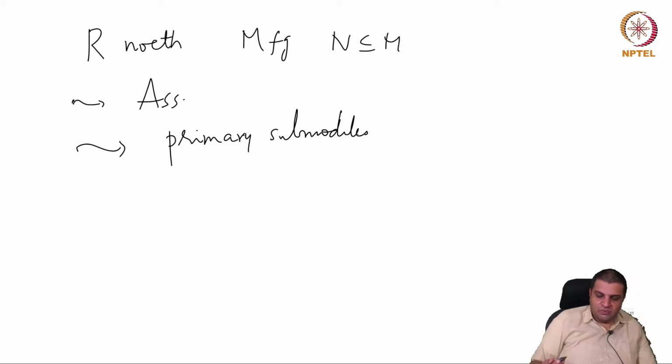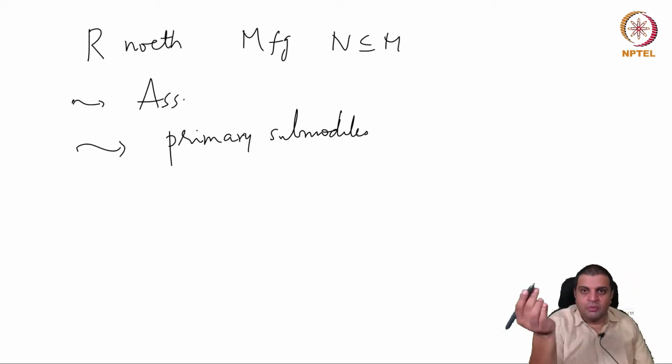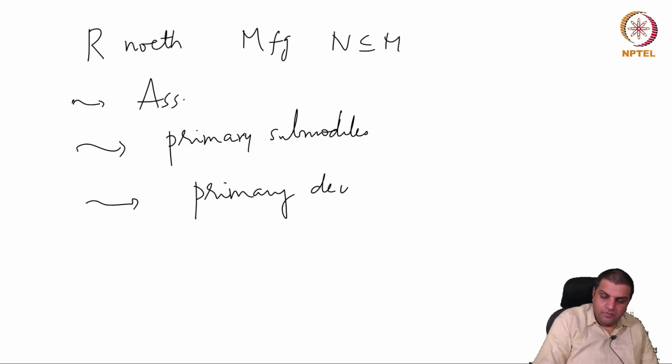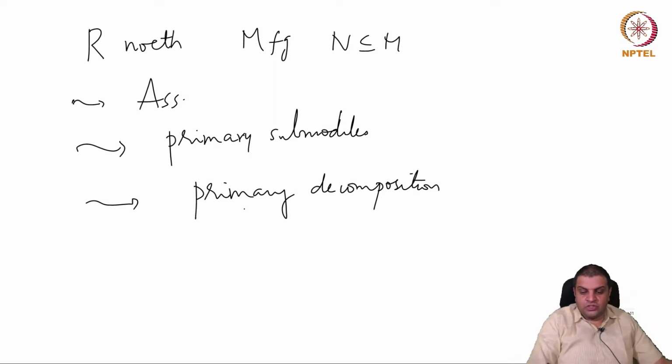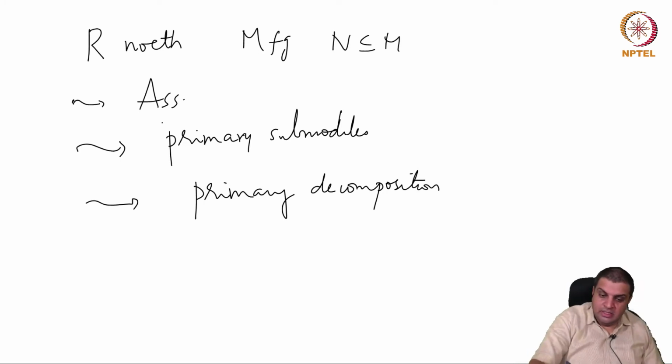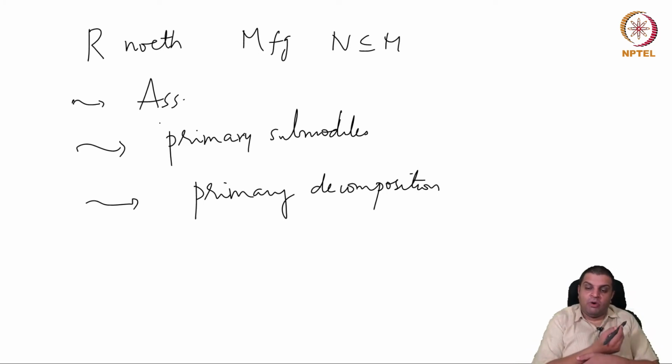At least, I shouldn't say we know, but we have actually seen them. And also we know that there is a primary decomposition, which just means there is a decomposition in which each factor is primary, so each has a unique associated prime. But what about the associated primes of M mod N if it is not primary?